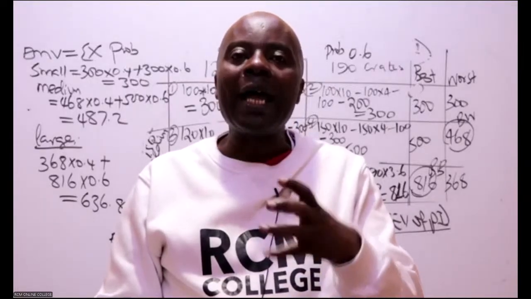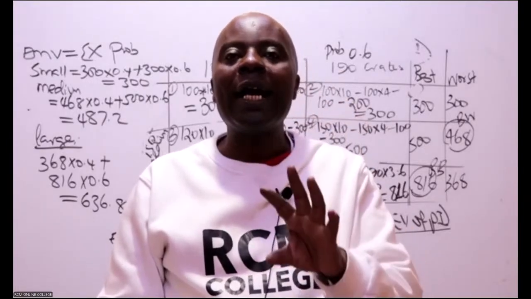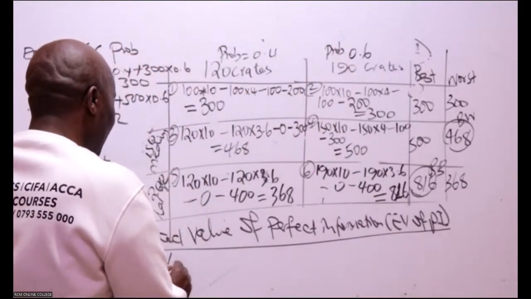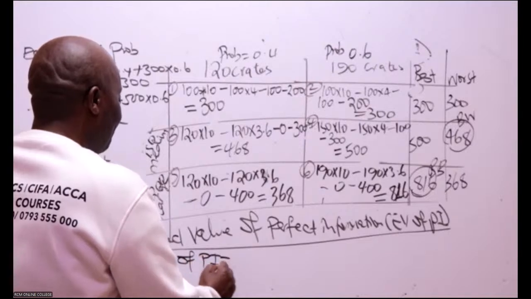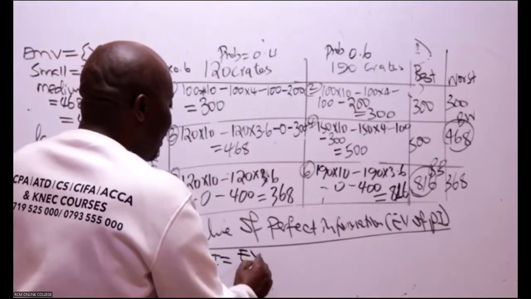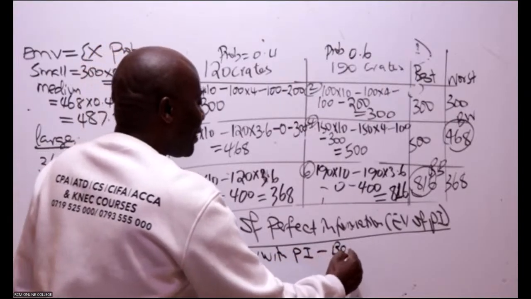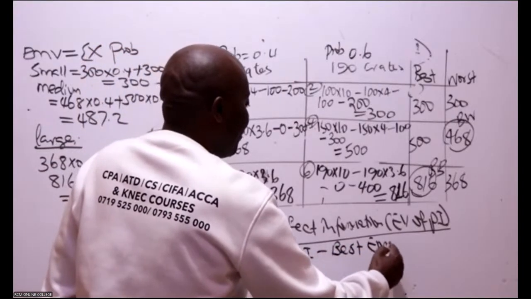You're going to get a higher value when you involve experts. To get this expected value of PI, EV of PI, we take EV with PI minus best EMV.